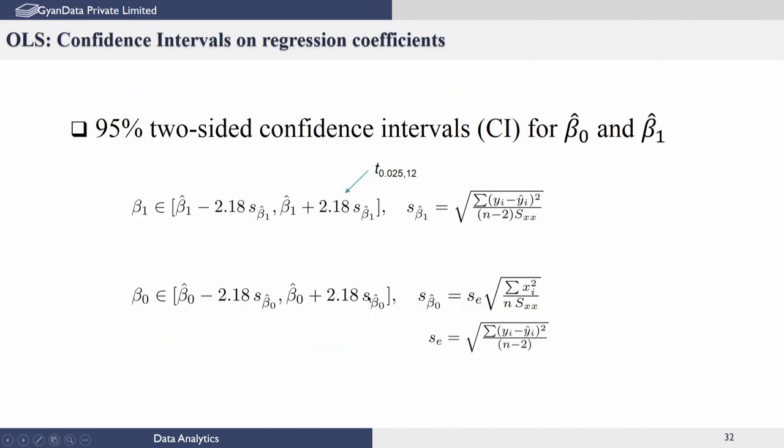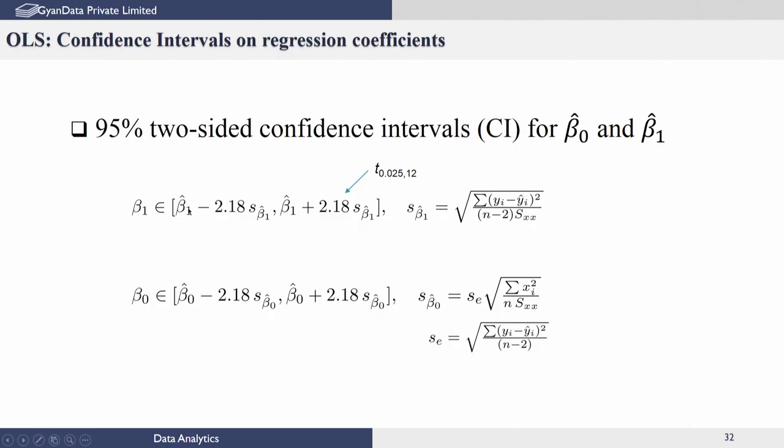Notice that we have constructed the confidence interval for beta 1. The term beta 1 hat minus 2.18 times the standard error may be negative and the upper end may be positive, in which case this interval includes 0, and then we conclude that beta 1 is insignificant and the true beta 1 is equal to 0.